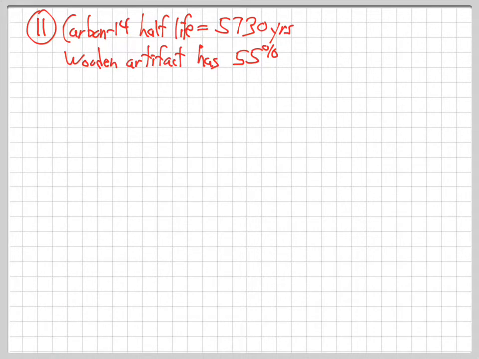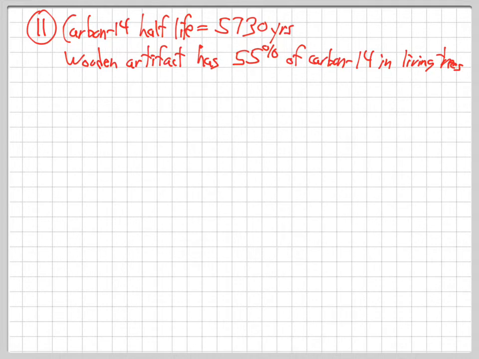The wooden artifact from an ancient tomb contains 55% of the carbon-14 that is present in living trees. Yeah, it has 55% of its living carbon-14. Right? Well, it's not a very clear sentence. It has 55% of the carbon-14 in living trees.